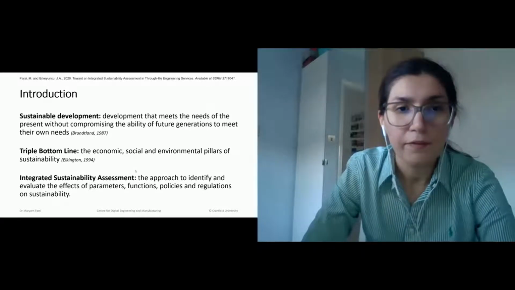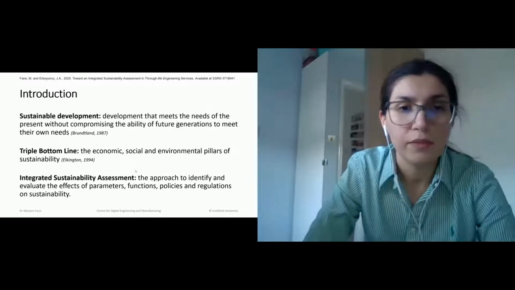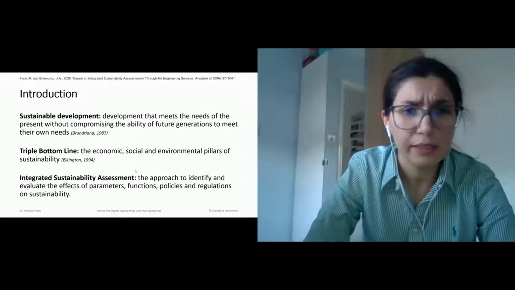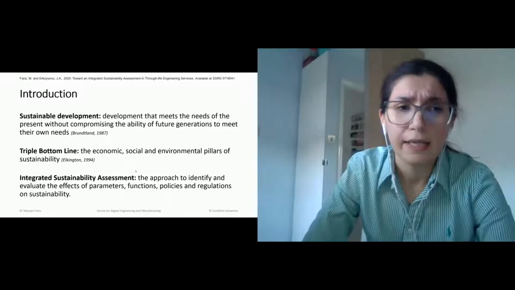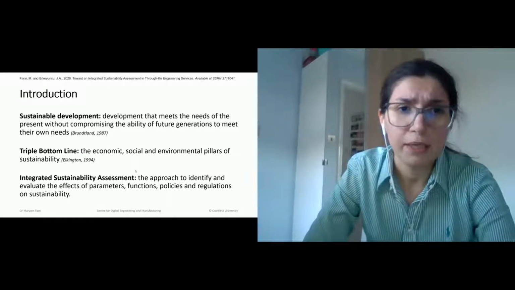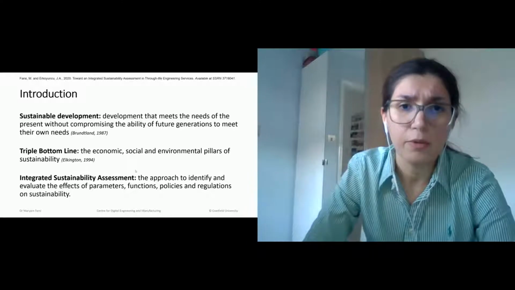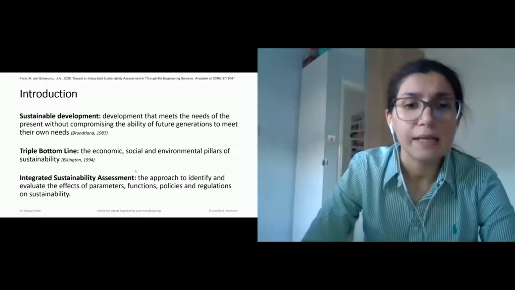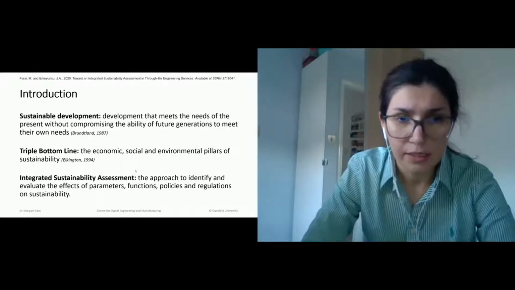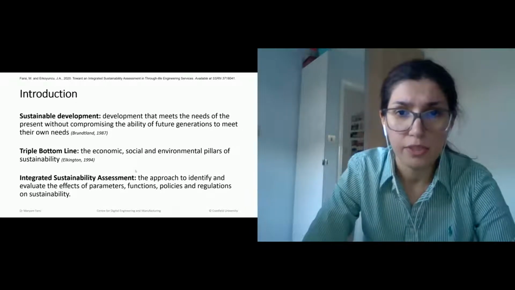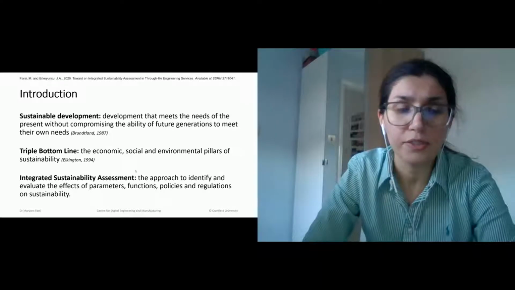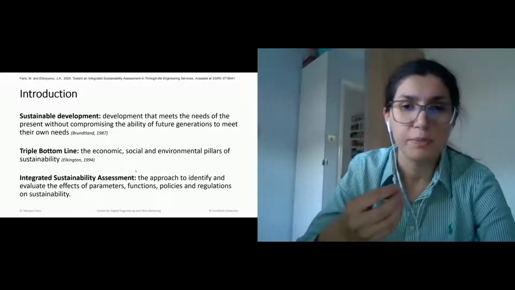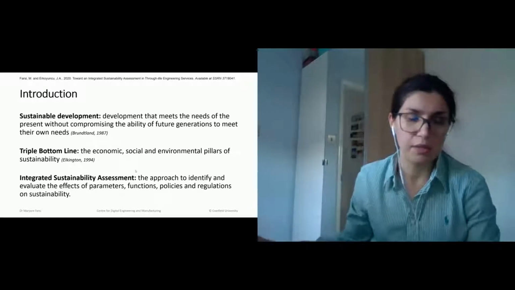Then we have the definition of the triple bottom line from Elkington in 1994 that describes the three pillars of sustainability as economic, social, and environmental. And to assess this, we've got the integrated sustainability assessment methods and approaches that look at how to identify and evaluate the effect of the parameters, functions, policies, and different regulations on sustainability.